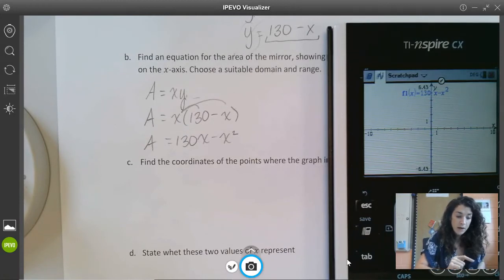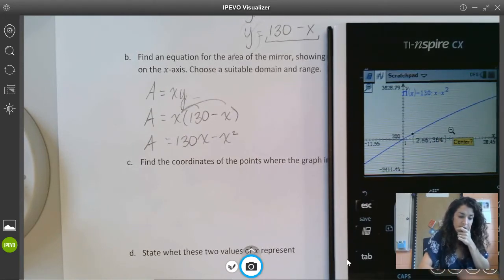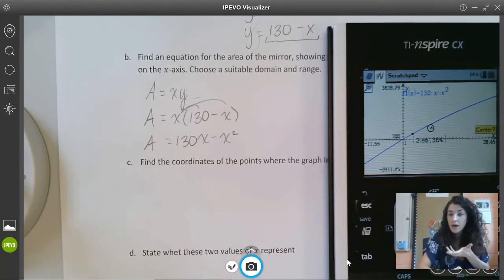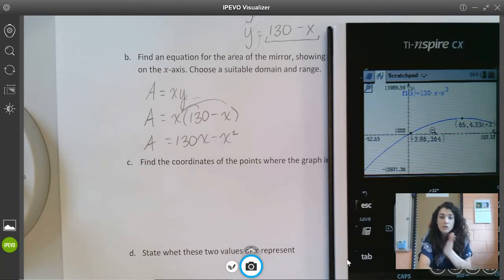I'm also going to zoom out because I know it's supposed to be a parabola and it doesn't look like one yet. We need to take into consideration the real world implications. Can you have negative area? Can you have negative side length? No. So we know at least we're in the positives. So that's part of our domain restriction.